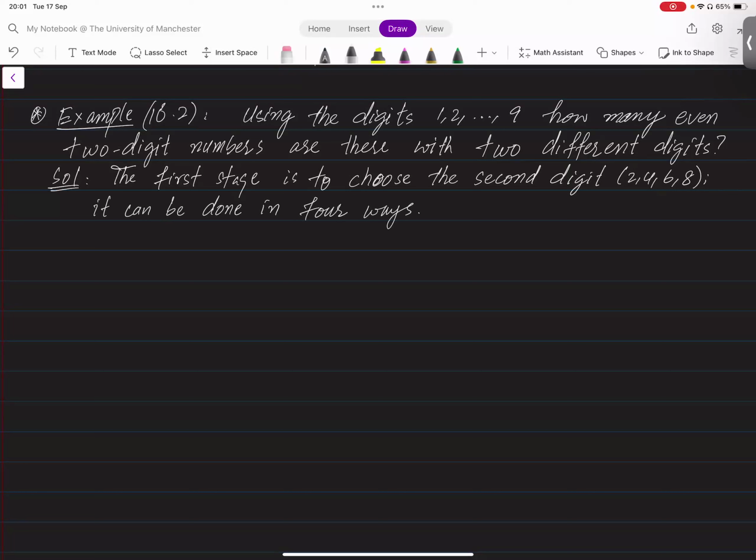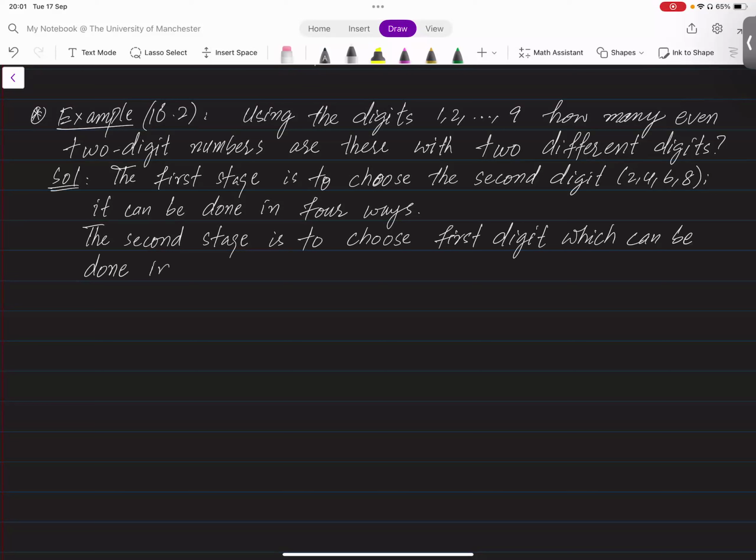The second stage is to choose the first digit, which can be done in 8 ways.